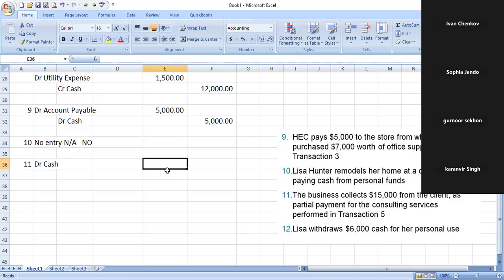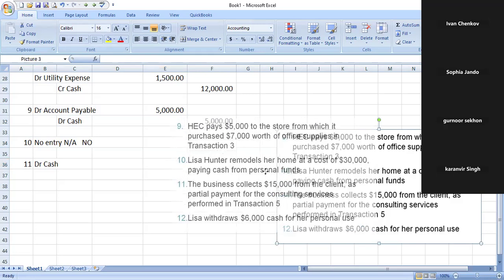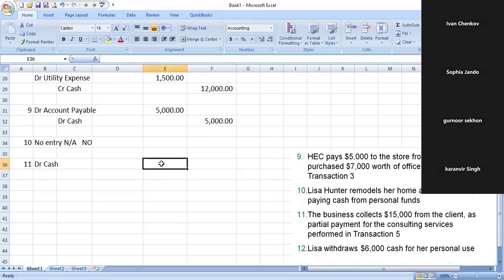So how much cash are we getting from this transaction? We're getting $15,000 cash. Let's debit $15,000 cash. And then credit. Where did this cash come from? Now, question for you. Did we provide services when we got this cash?